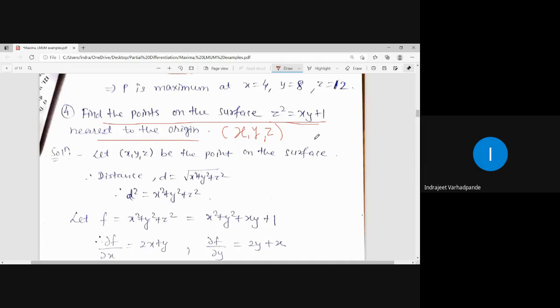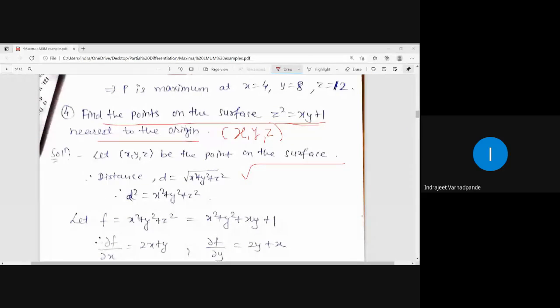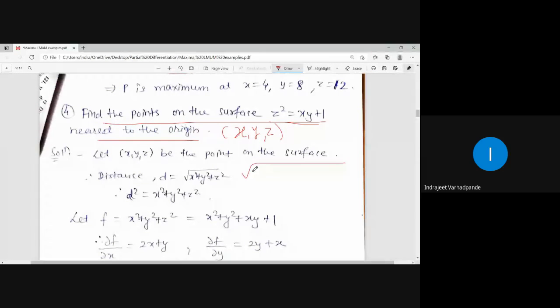So x, y, z will be the point on the surface, and then the distance formula is given by under root of x minus 0 the whole square plus y minus 0 the whole square plus z minus 0 the whole square. I have to take the distance from the origin of that particular point. So this is the distance of the point xyz from the origin.